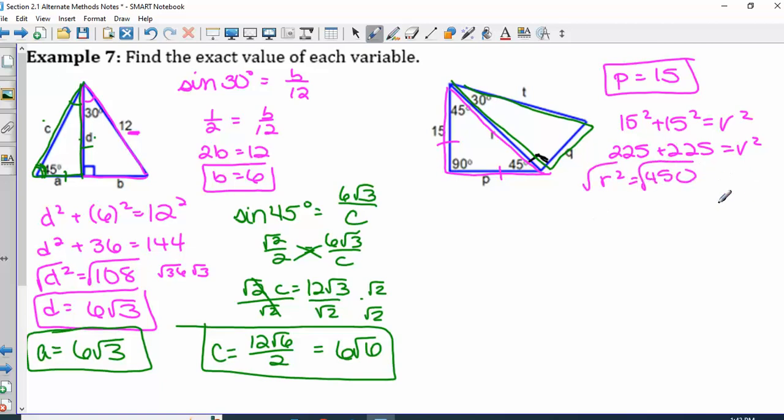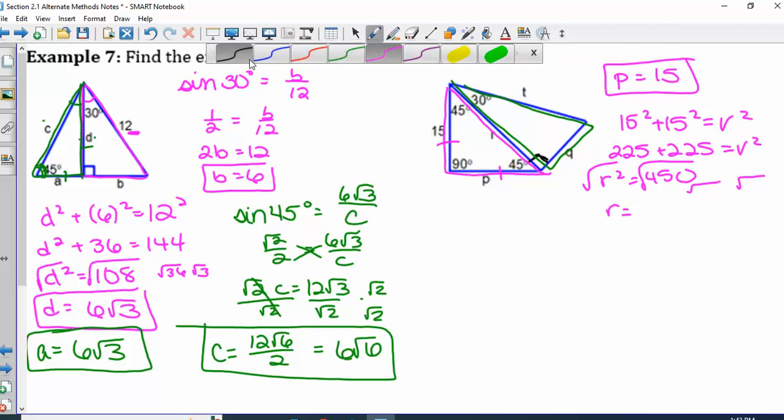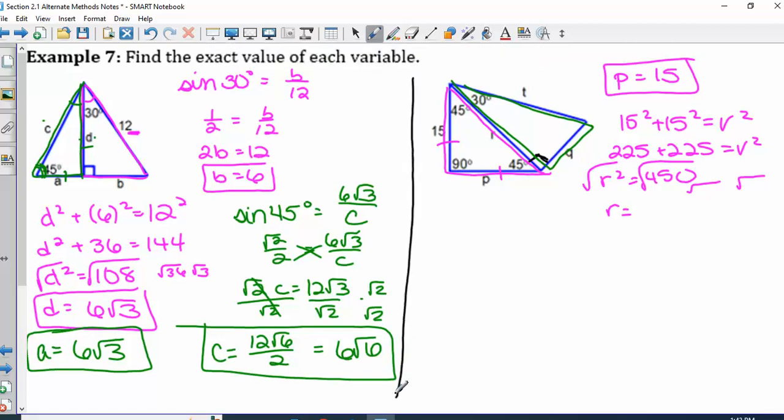What would I break that into? We do 225. So you get 15 radical 2. All right, so we're halfway done.